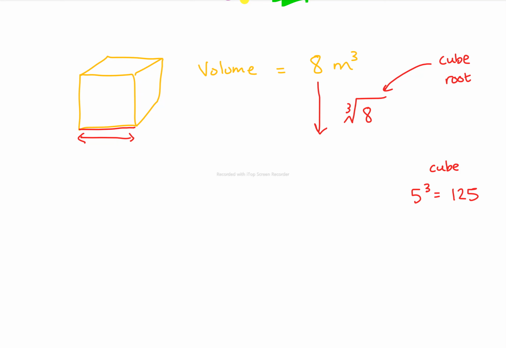When I went from here to here, I cubed it, and then when I go back, I'm going to cube root it. You need this 3 here. So the cube root of 8 is 2. So this is 2.